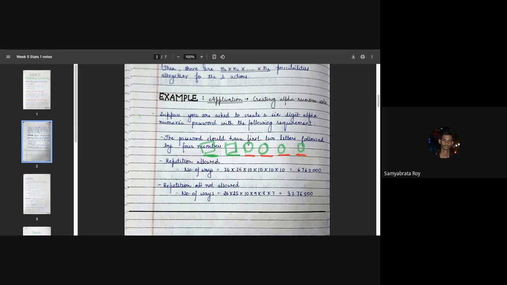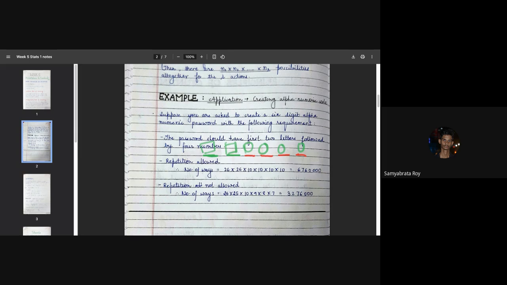Okay, so in this scenario we are following the multiplication property of counting. Why so? Because here the combination consists of letters and numbers simultaneously, not individually.